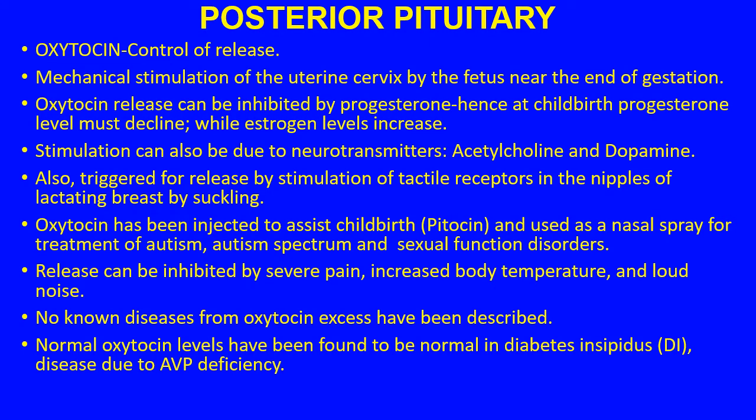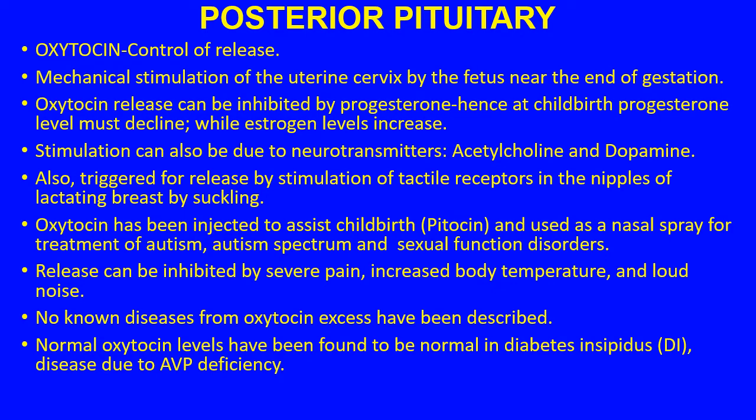let's talk for a second about control of release. Obviously, mechanical stimulation of the uterine cervix by the fetus near the end of the gestation is going to occur. Oxytocin release can be inhibited, though, by progesterone. Hence, at childbirth, usually what's happening is progesterone levels are going to decline.